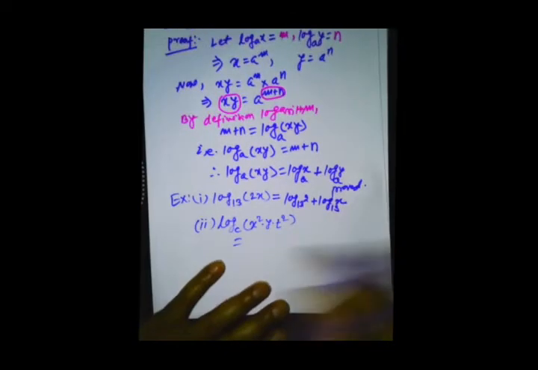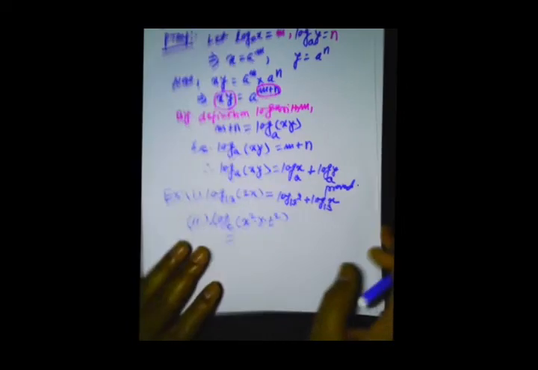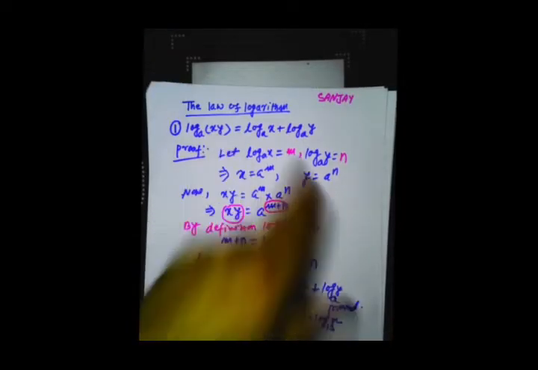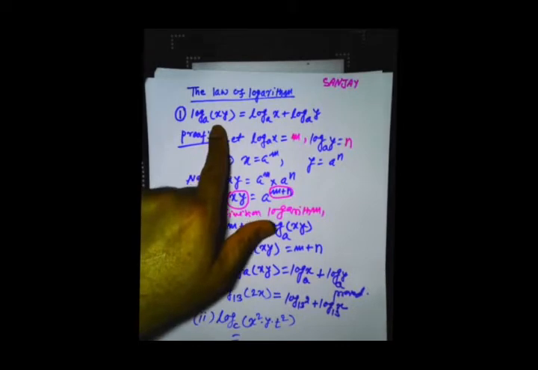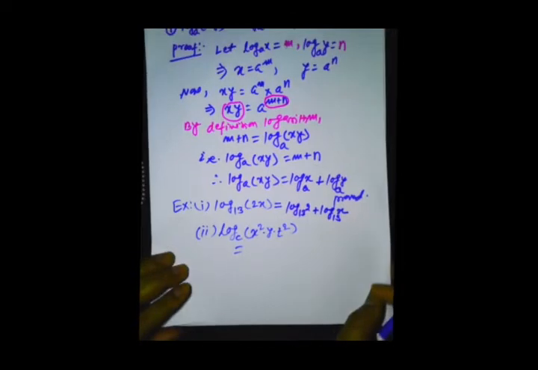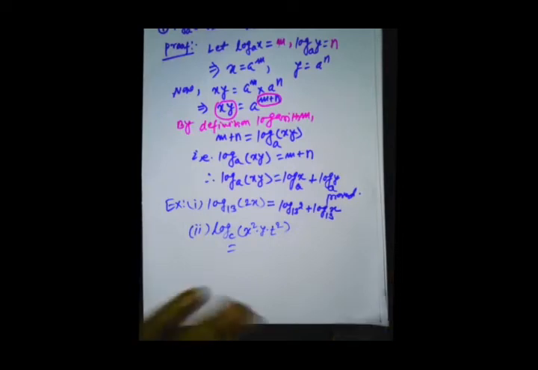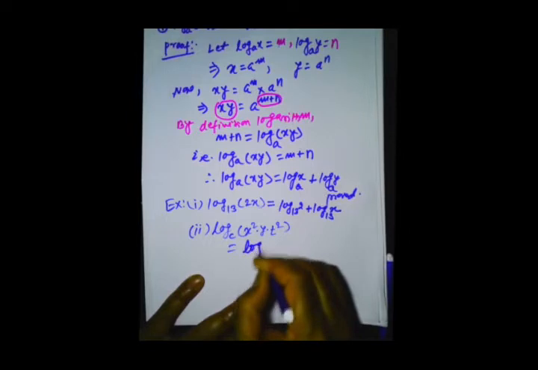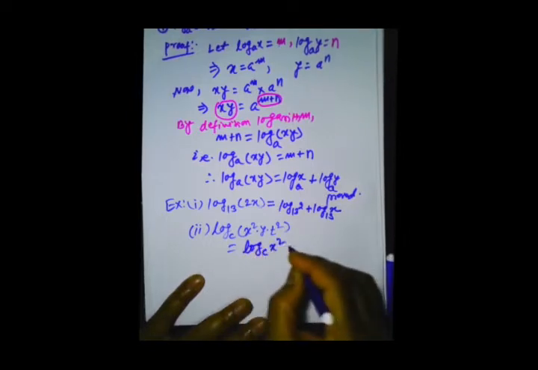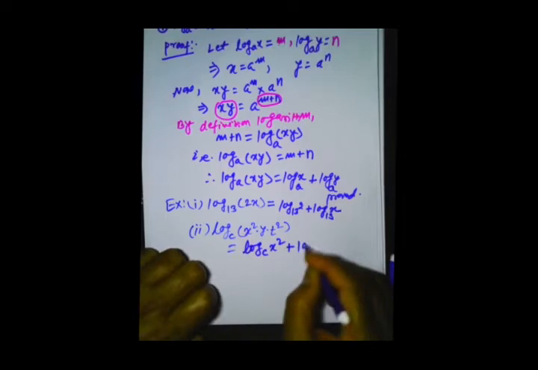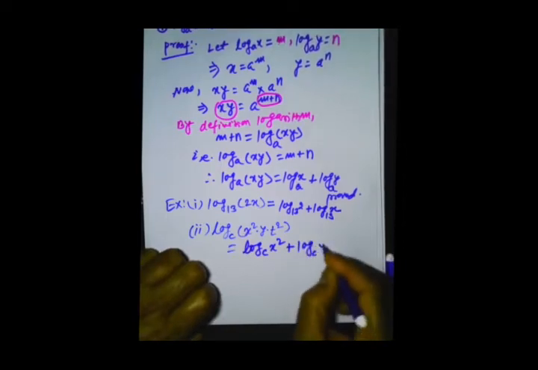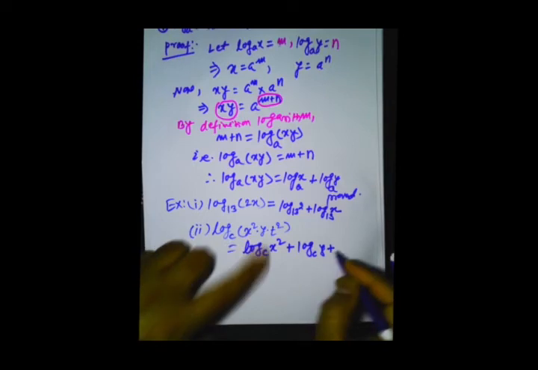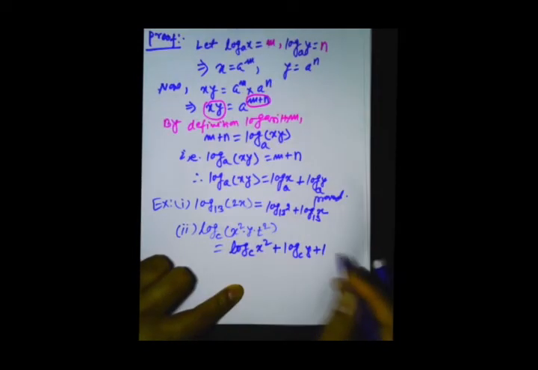So here we have three numbers in product form, and applying the first law of logarithm, when you expand it, it will be log base c of x squared plus log base c of y plus log base c of t squared.